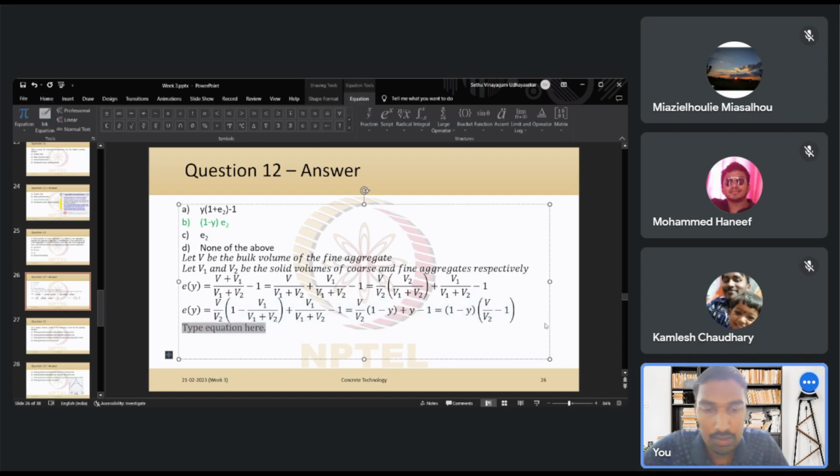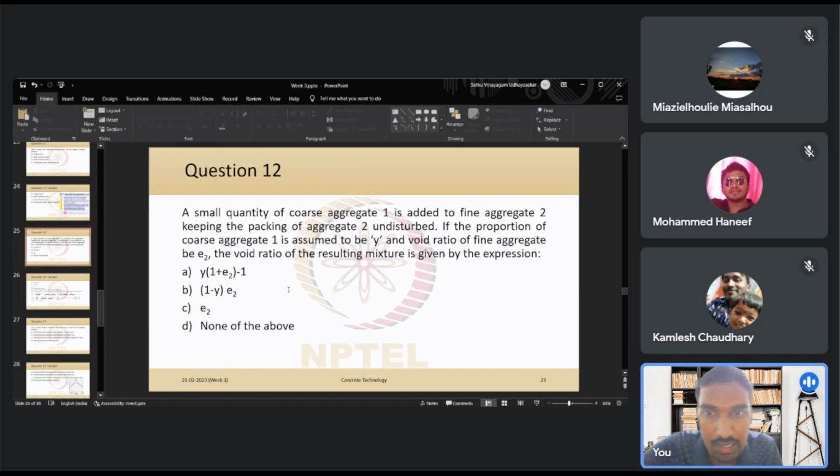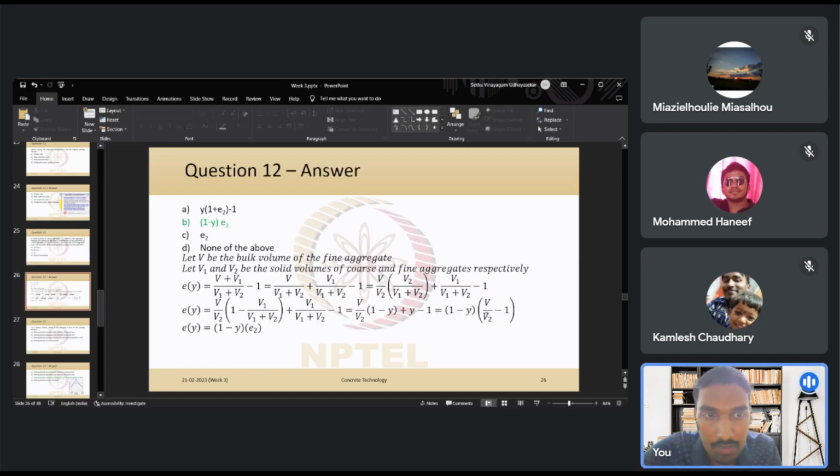So E of y can be written as 1 minus y times the void ratio for the fine aggregate, which in the question is given as E2. So I'm just replacing v by v2 minus 1 as E2. So the final expression that we have for the void ratio of the mixture is 1 minus y times E2, which is exactly what is given in option B.